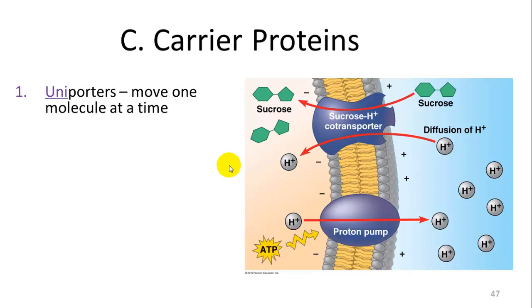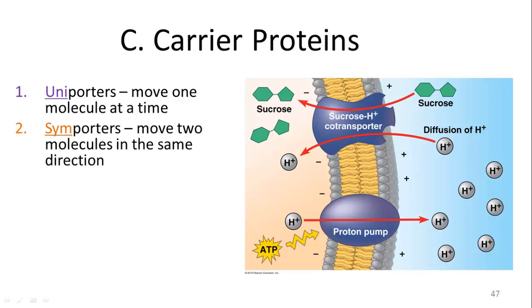Some of the carrier proteins can be uniporters. Uniporters are going to move one molecule across at a time. So here you have a proton pump. It's going to move protons across the lipid bilayer using ATP. Symporters move two molecules at the same time. Here we have diffusion of hydrogen passing through this sucrose transporter.